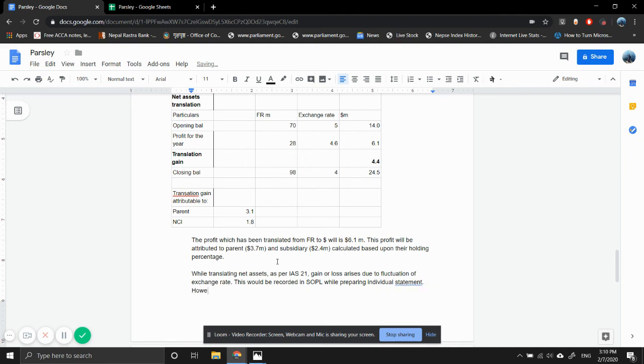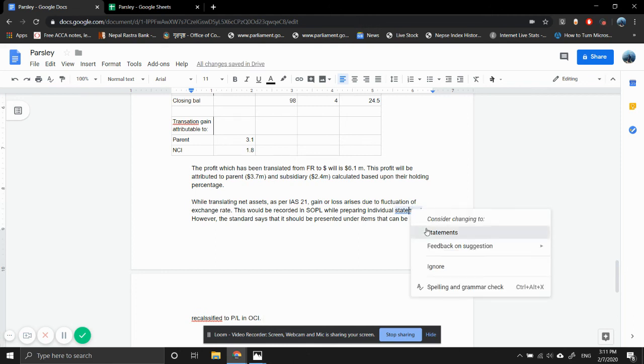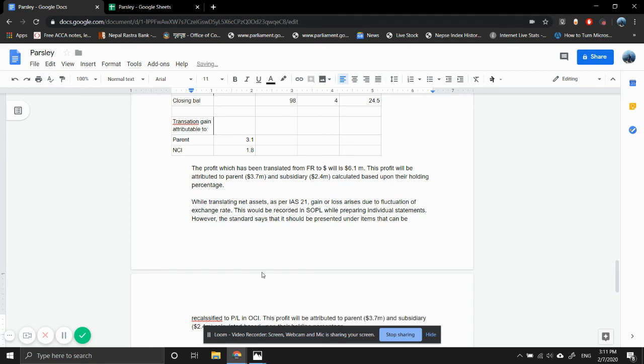However, the standard says that it should be presented under items that can be reclassified to PL in OCI. And this will be attributed based upon their holding percentage, right?